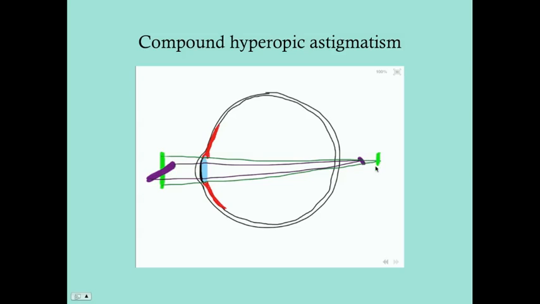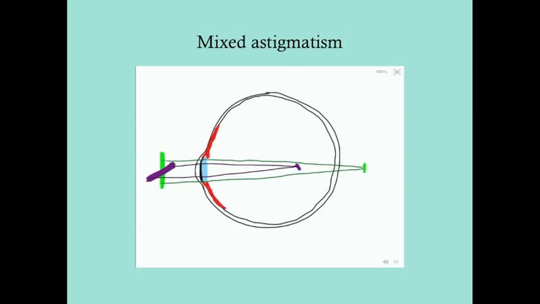Remember, if they projected at the same point, then you'd just have hyperopia. So the whole astigmatism thing just means that you've got your horizontal and vertical axes projecting at different points. That's really what it is. And then this is a mixed astigmatism. So your vertical axis and your horizontal axis are projecting at, one's projecting behind and another's projecting in front.